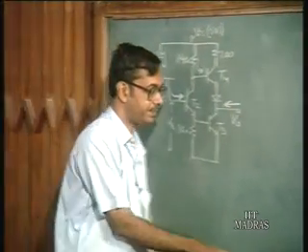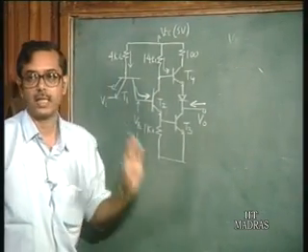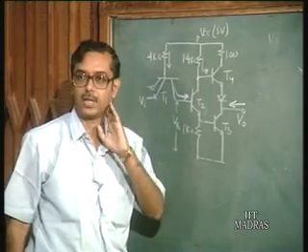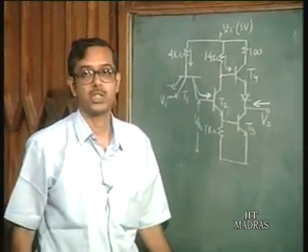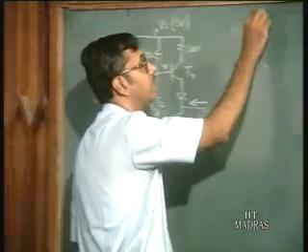This 7400 came out, as I said, in the mid 60s, and the next improved version of TTL which came out was the Schottky TTL series, which was the 74S00.